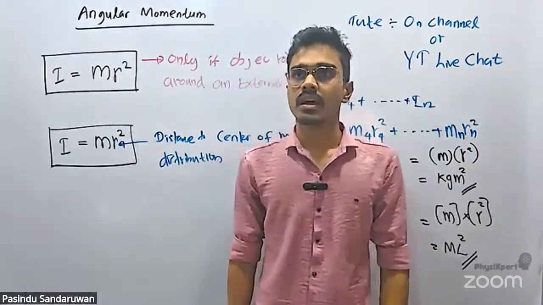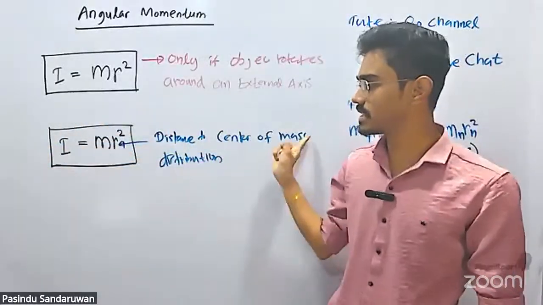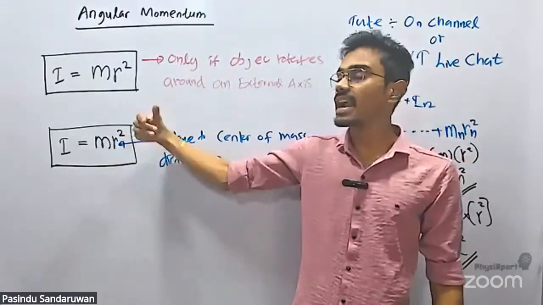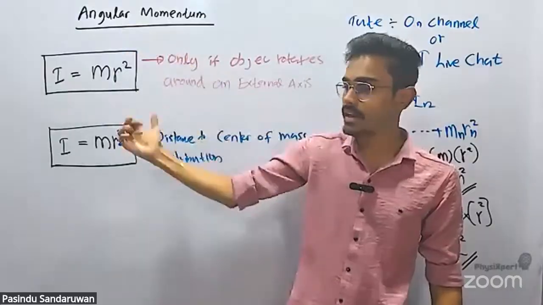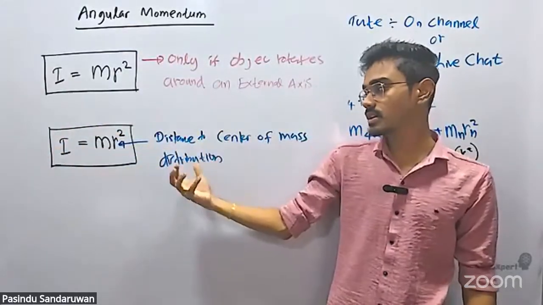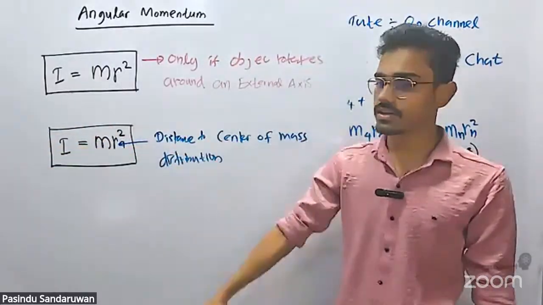Now, the applications here we will be discussing today itself at the latter part. Initially we will start off with angular momentum, and from this there are specific types of applications coming. I'll discuss such applications towards the latter part of the lesson.